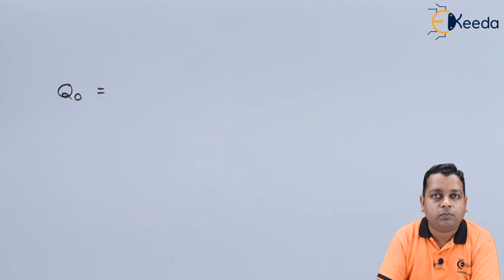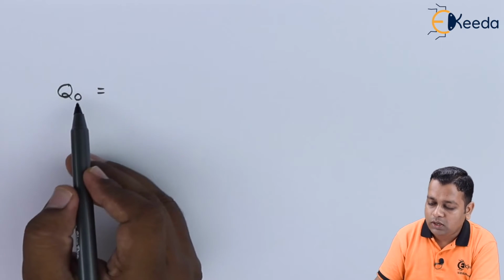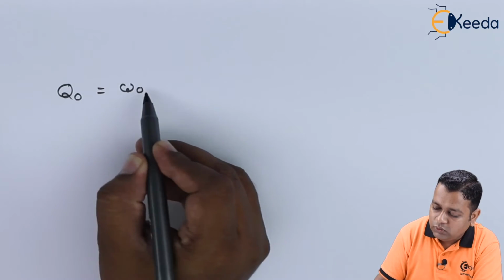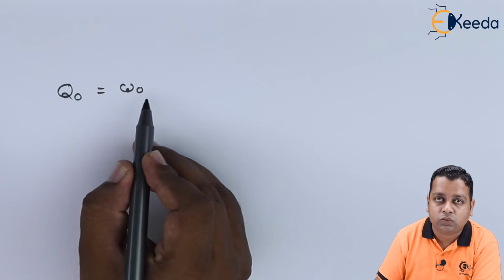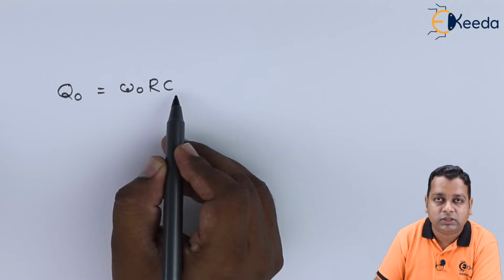So as we have the performance of the short circuited lambda by 4 transmission line as that of the parallel RLC resonant circuit, we have the unloaded quality factor Q0 expressed in the form of resonant frequency omega 0 multiplied by the equivalent components R into C here.